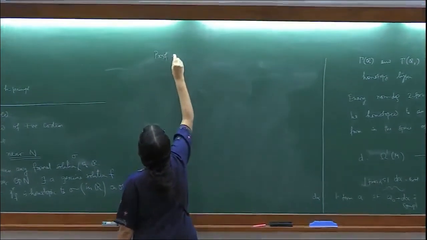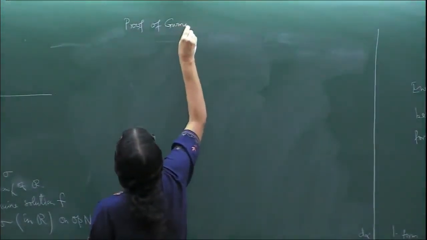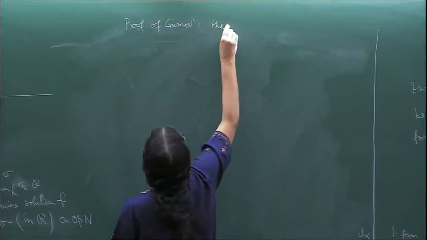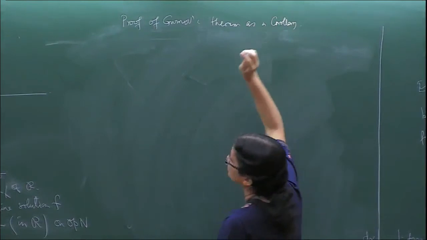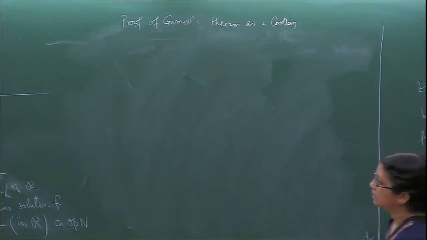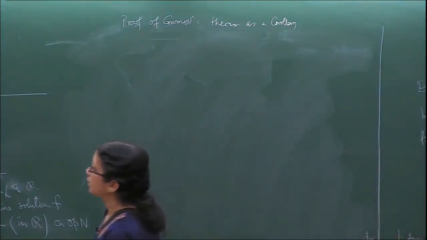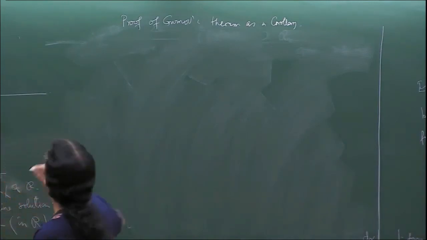Proof of Gromov's theorem as a corollary. What do we know about an open manifold?